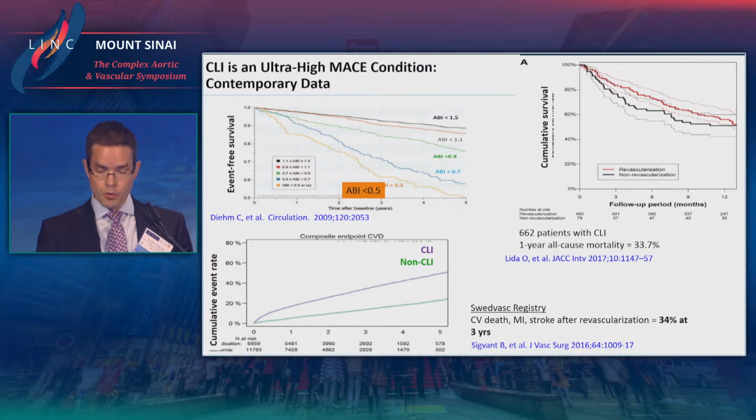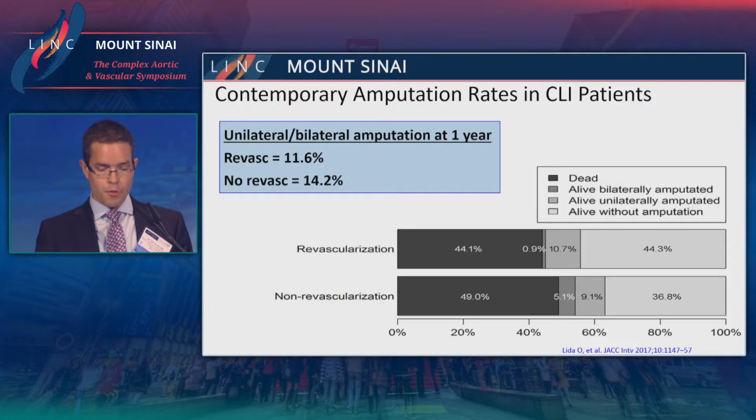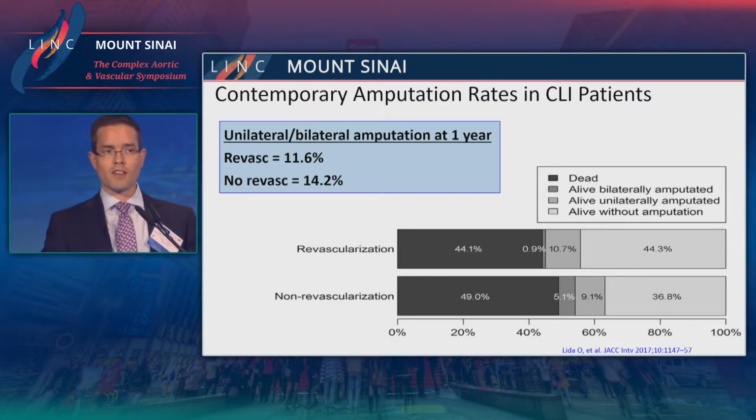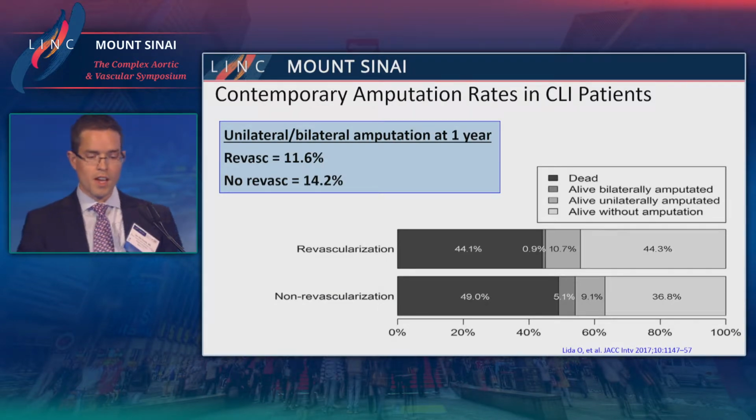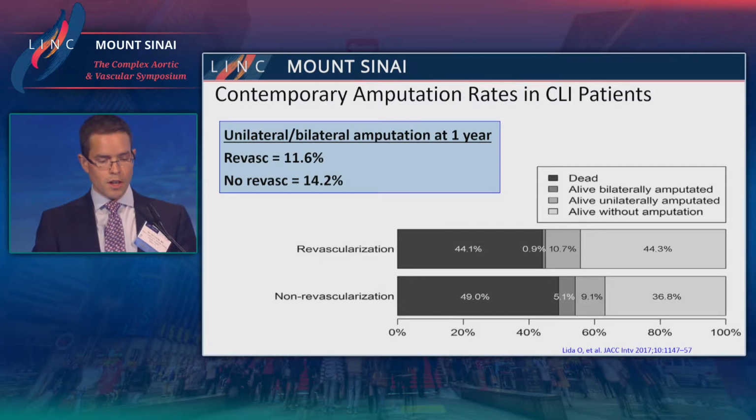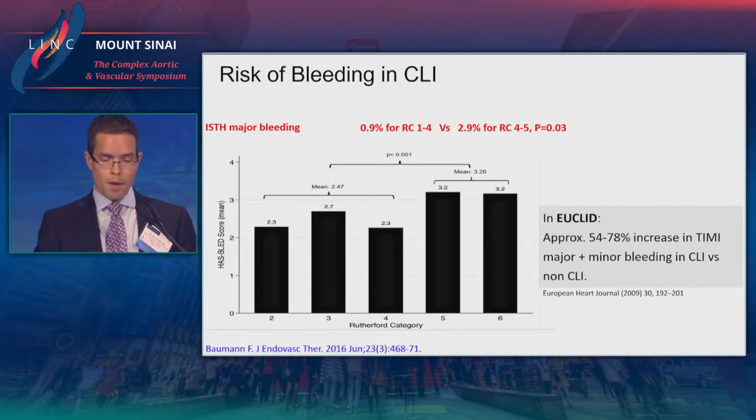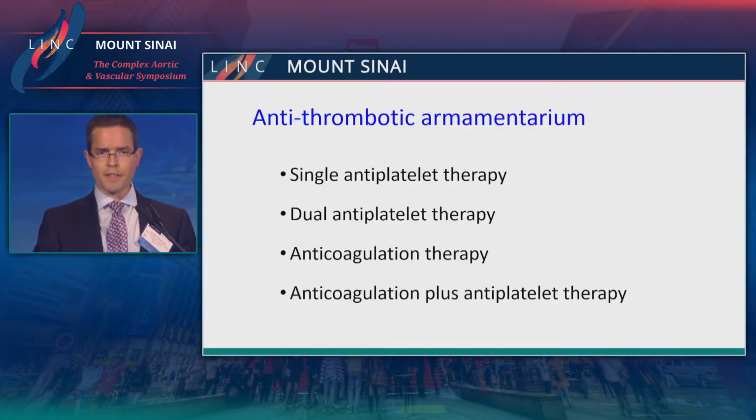In a Swedish registry, 34% mortality in MACE by 3 years. That despite all of the therapies available nowadays. And limb outcomes are still pretty bad. Again, in contemporary data, 11 to 14% of patients, almost regardless of whether they undergo revascularization, will end up with amputation at 1 year. And as I mentioned, risk of bleeding is significant.